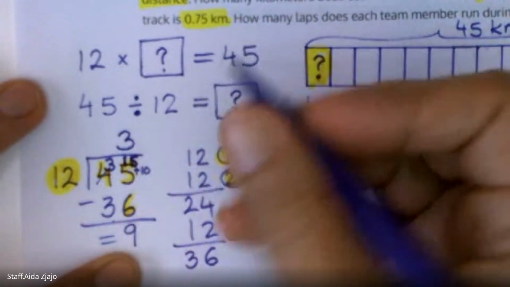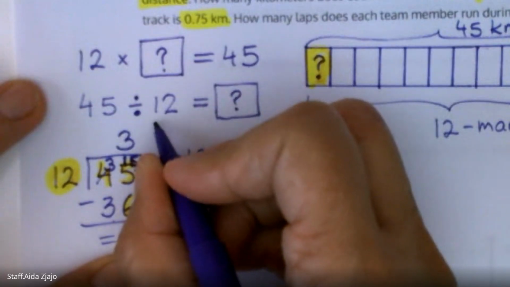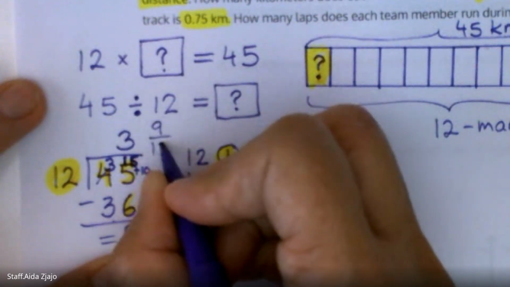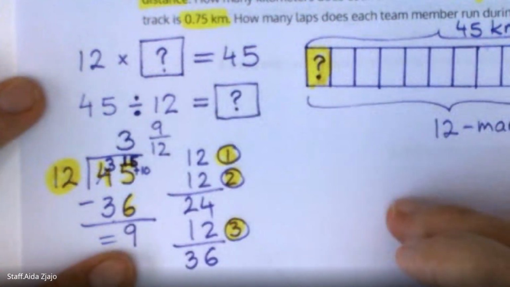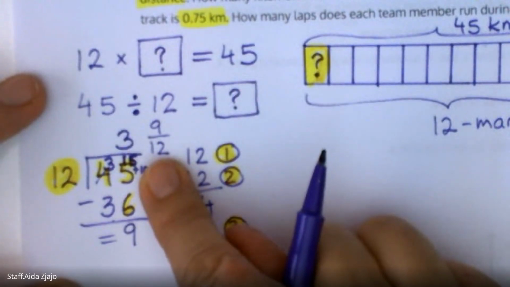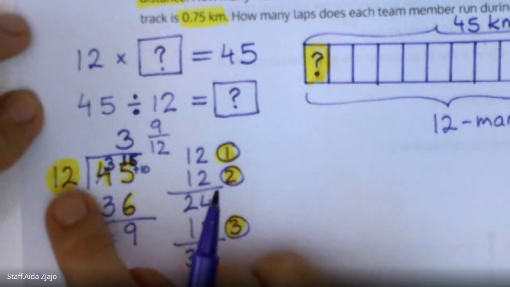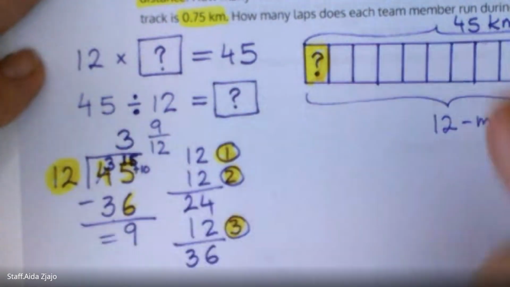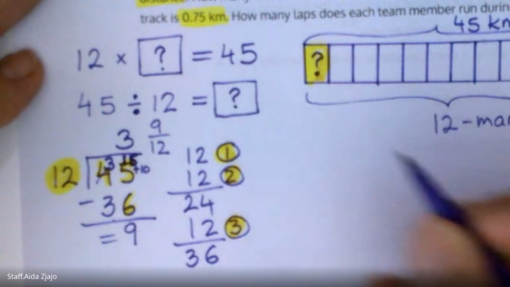So our answer would be 3 and 9 twelfths of a kilometer that each of these people ran. But we're also going to simplify that.